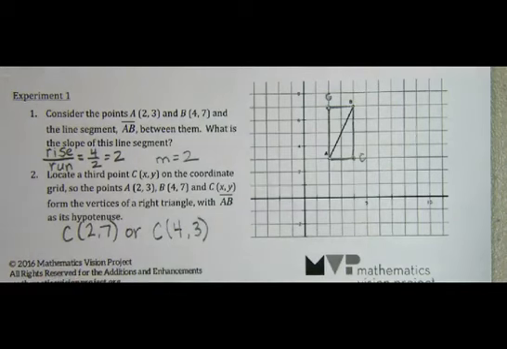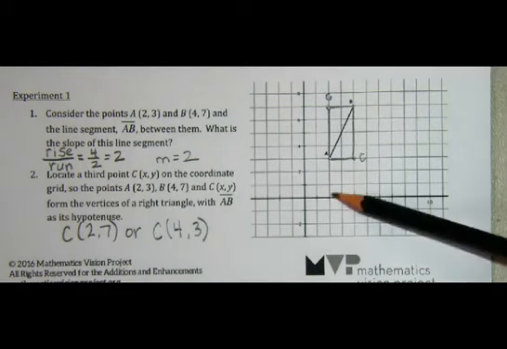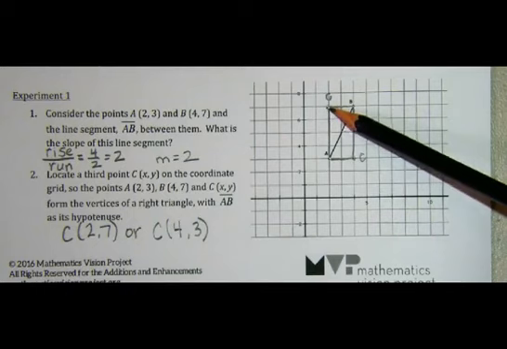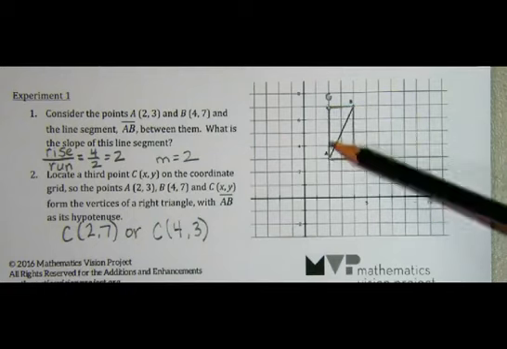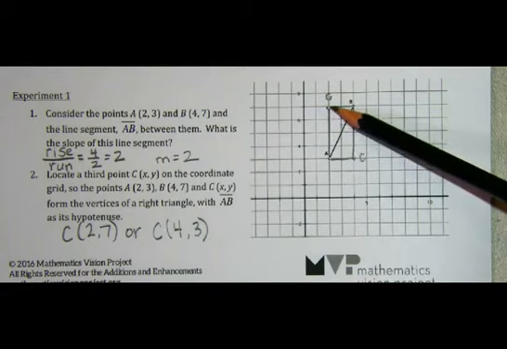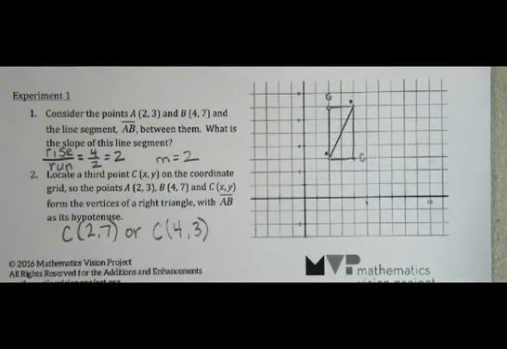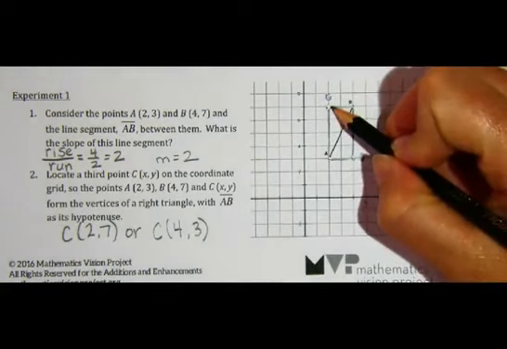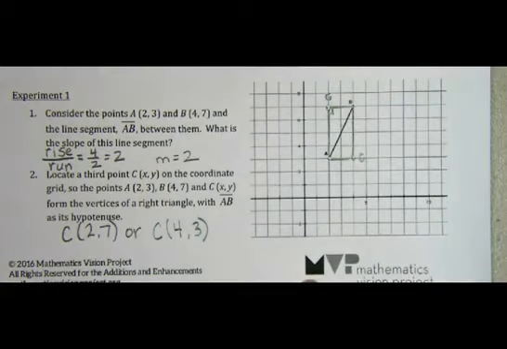We know that triangle ABC is a right triangle. If we had selected C at 2, 7, segment BC is horizontal and segment AC is vertical. Since one leg is horizontal and one leg is vertical, we know that triangle ABC is a right triangle.